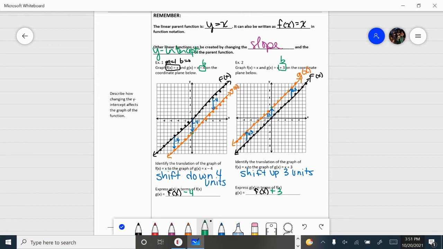So when we describe how changing the y-intercept affects the graph of the function, we want to say that it moves the line up or down.